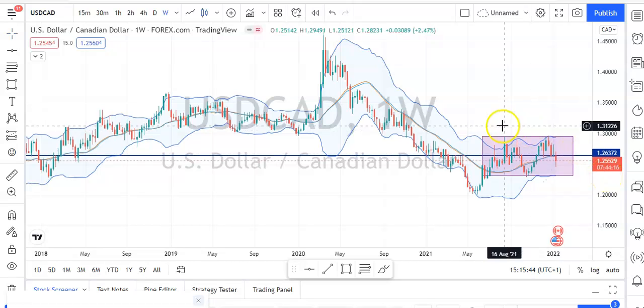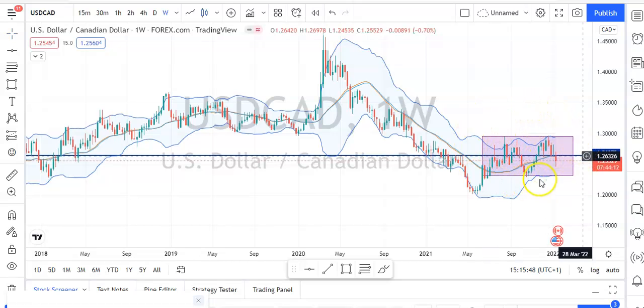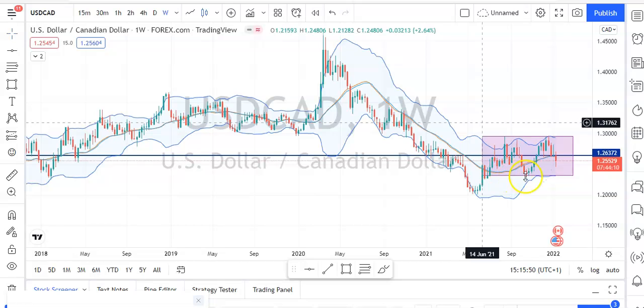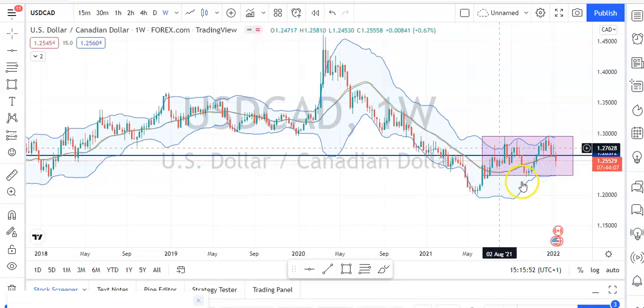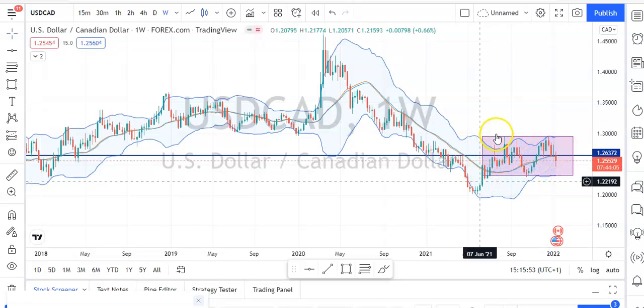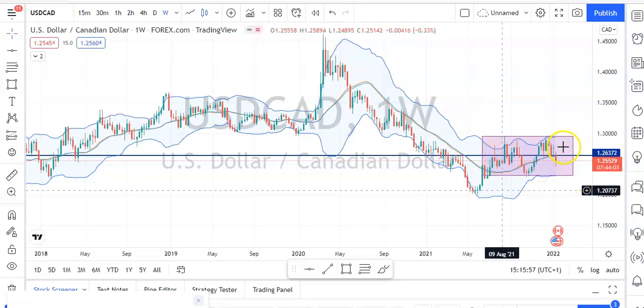Okay, but it looks like the price is consolidating here, judging from the weekly analysis. Okay, weekly charts. So it's consolidating within this range, this shaded area here.